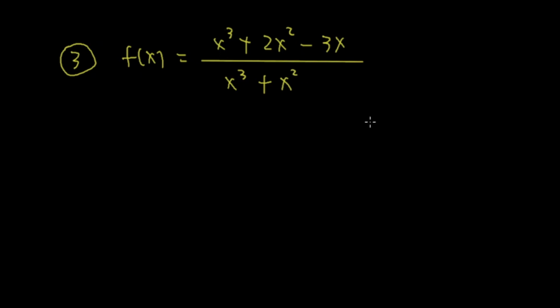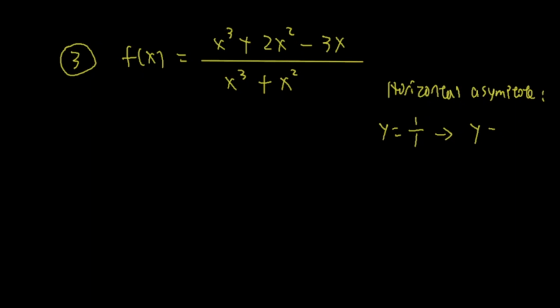Now, again, the highest degree of power in the numerator is 3, and the highest degree of power in the denominator is also 3. Then the horizontal asymptote will be the leading coefficient divided by the leading coefficient, which is 1 over 1. So y equals 1 is the horizontal asymptote. Now y equals 1 over 1, that is y equals 1.